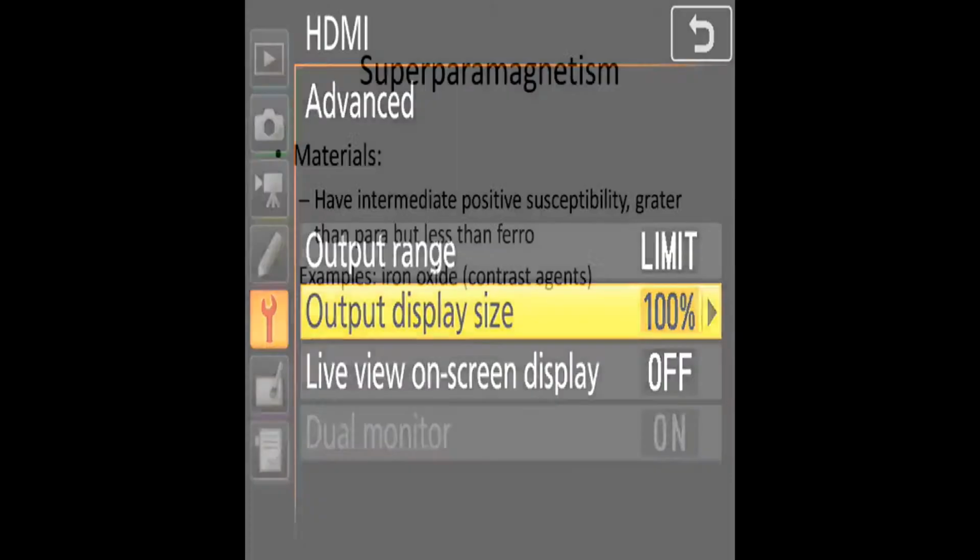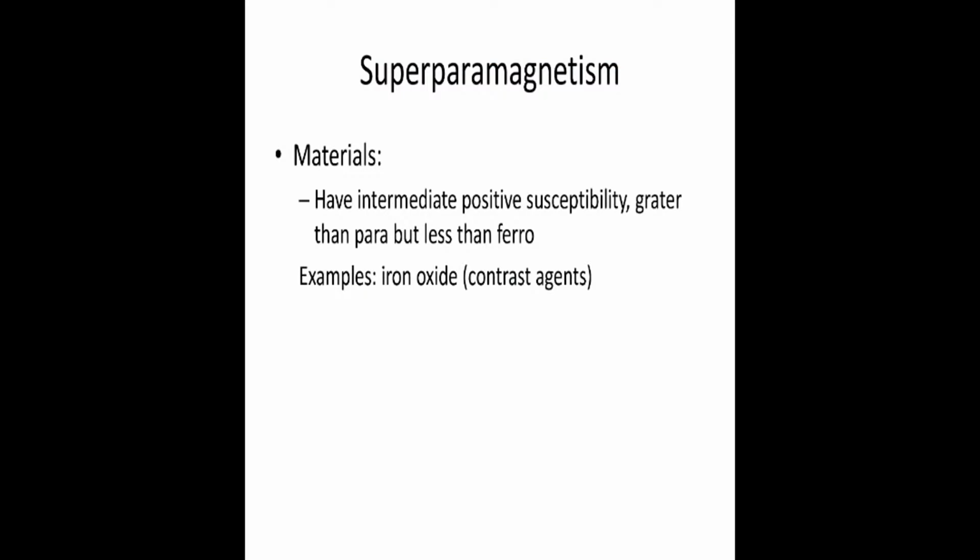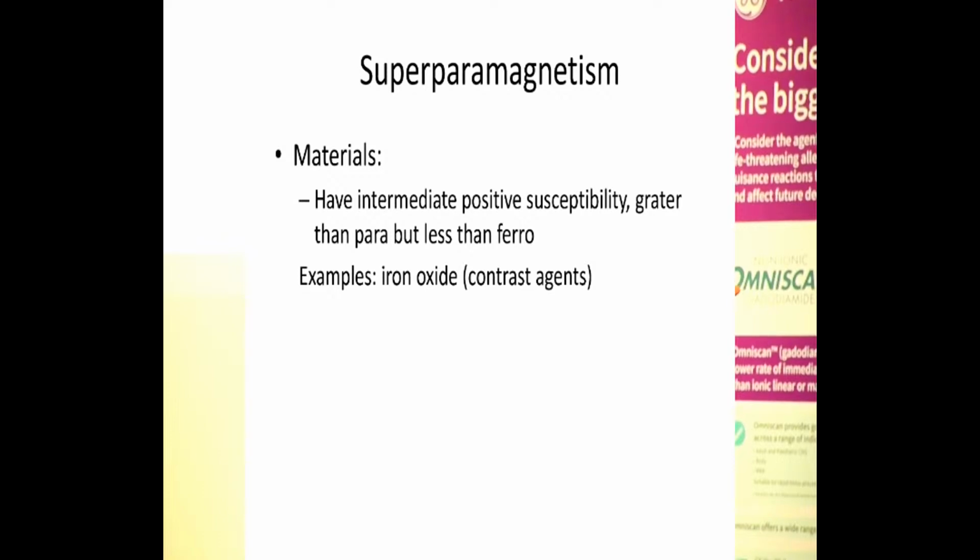On our third material, which is superparamagnetic, these materials have intermediate positive susceptibility, greater than paramagnetic but lesser than ferromagnetic. We'll look into ferromagnetics later. Examples of these materials include iron oxide, which is also a contrast agent.